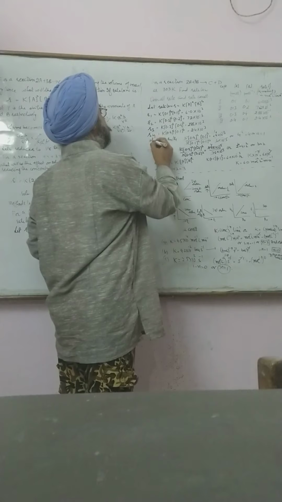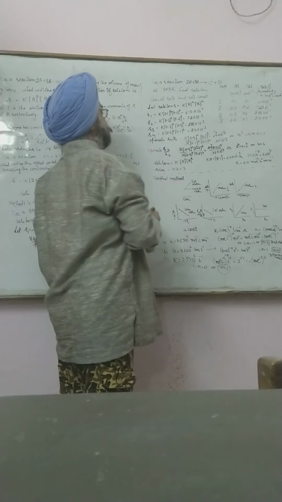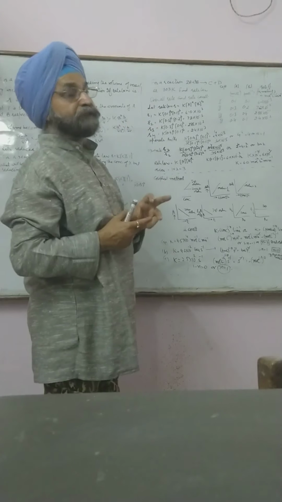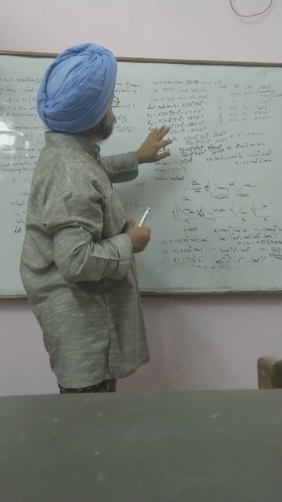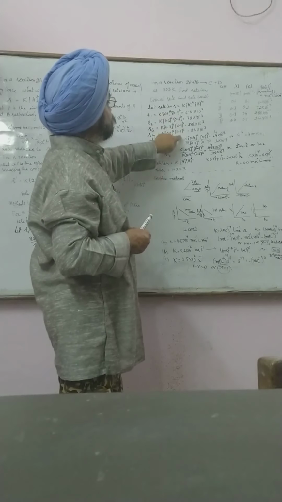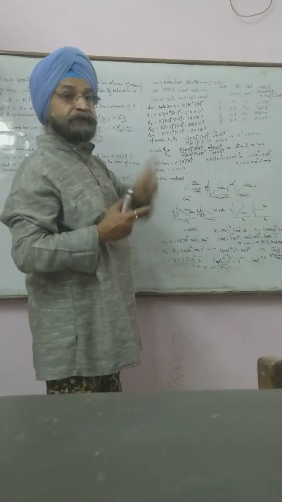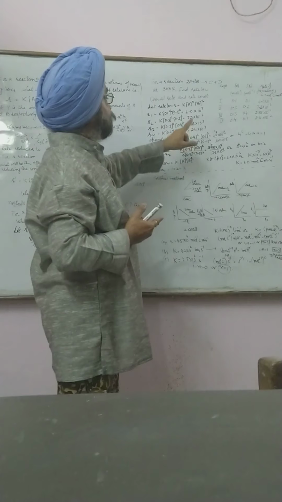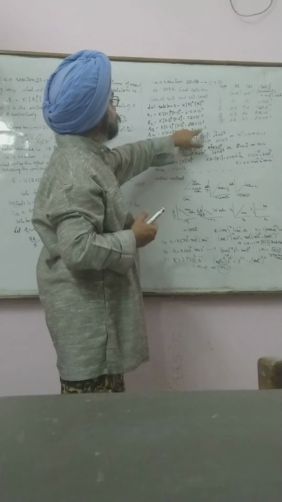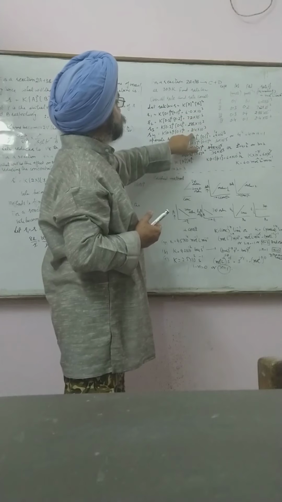Then we divide one by another, but I will select the pair where one of the values will cancel out. If I select this pair, 0.1, they will cancel out. Then the higher value will be taken in the numerator. Rate is 6 here, 24 here.